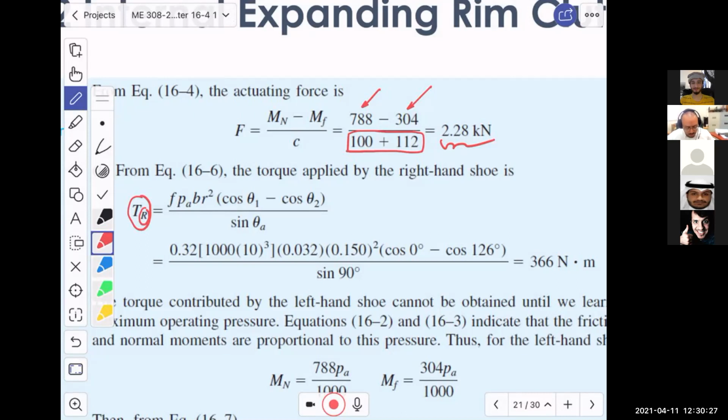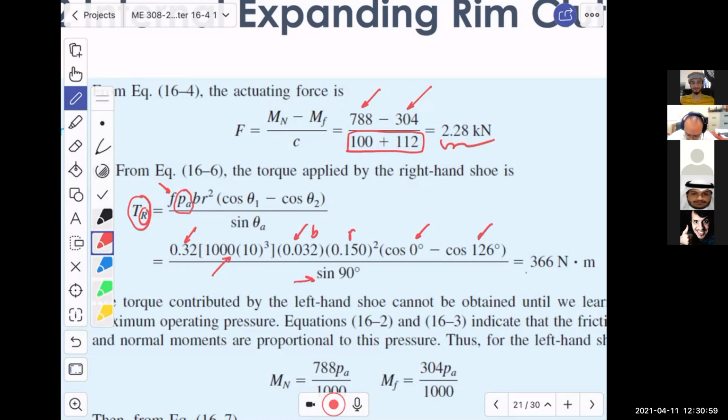The torque equation is F, the friction, 0.32, multiplied by the pressure, which is 1,000 Pascal, and then B, which is 32 millimeter, and R, 150 millimeter squared, and theta 1 is 0, theta 2 is 126, and sine theta A is 1.